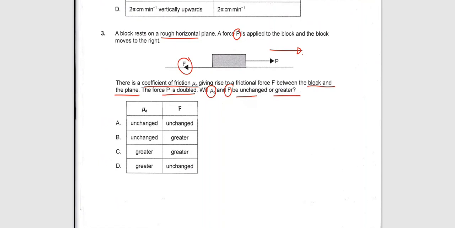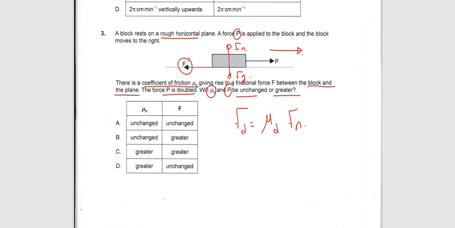Now, the friction force is dynamic friction, because the object is moving. It equals the coefficient of dynamic friction times the normal force. Now, in our case, the normal force is opposite and equal to the gravity.